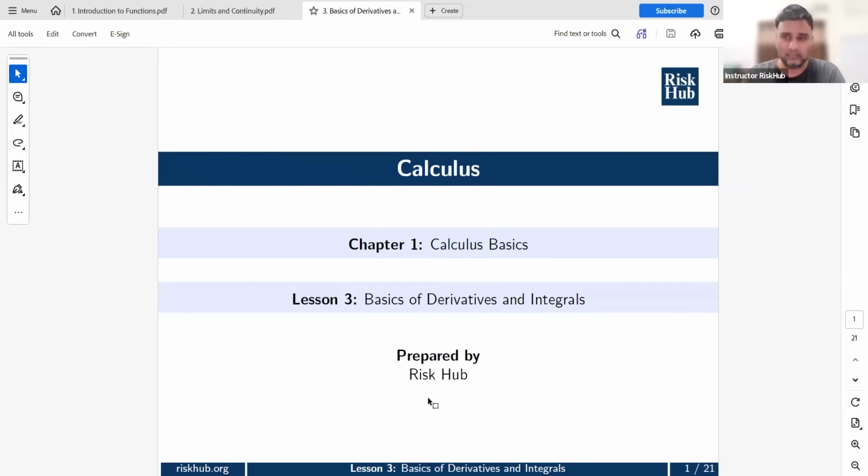Now, inside calculus, there are two tools.